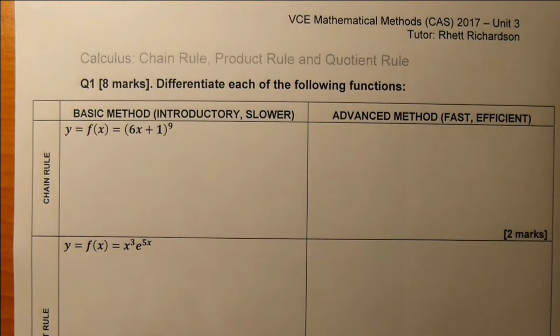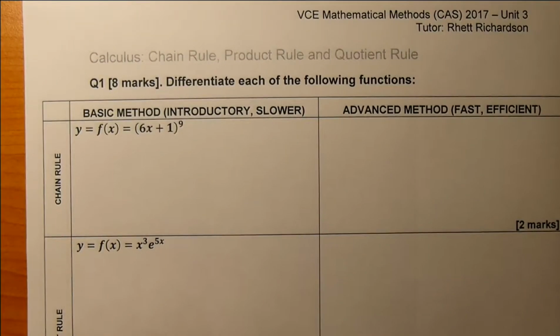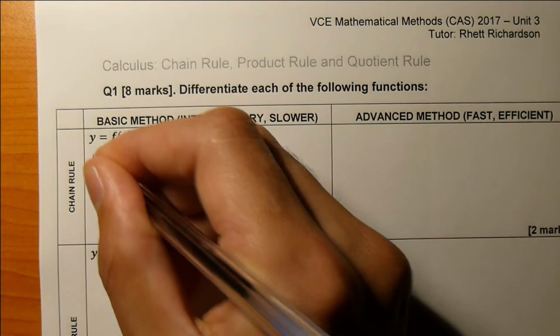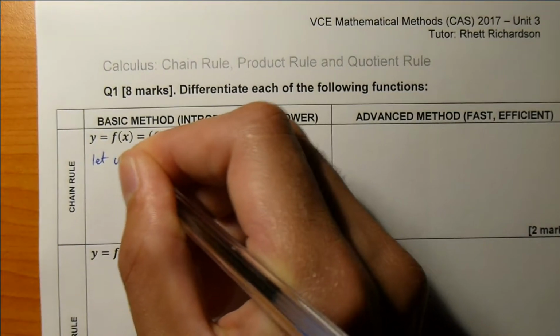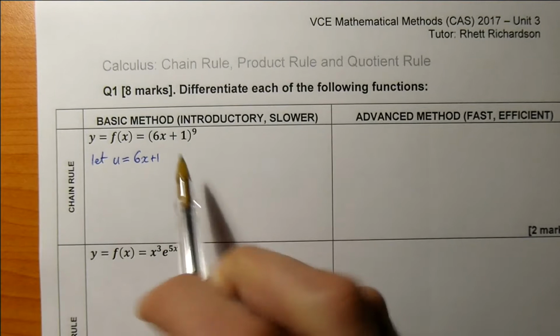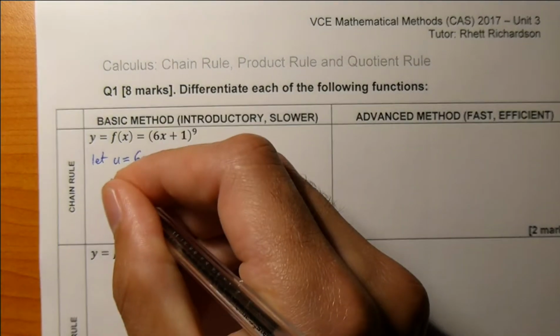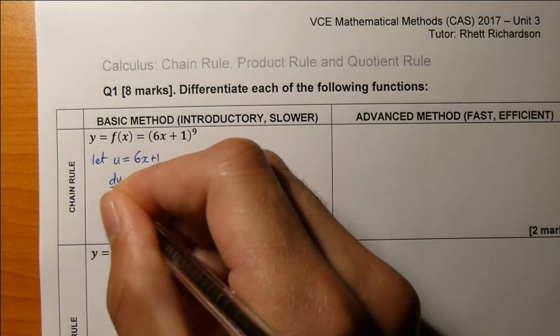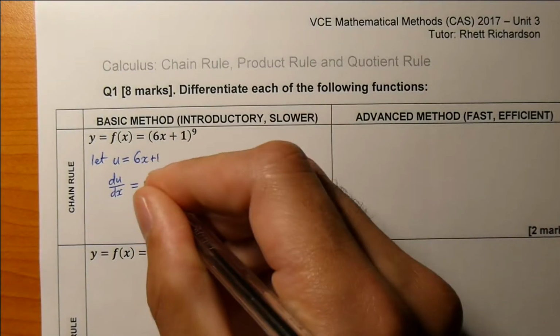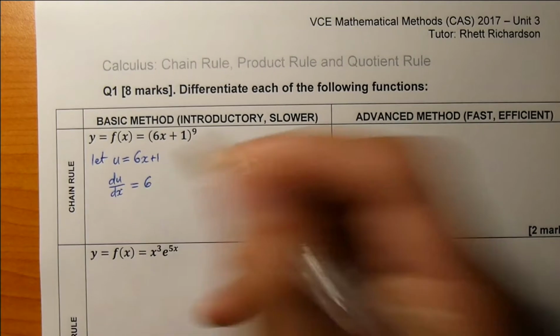So let's get stuck into it. Using the first way, the basic way, we'll say let u equal 6x plus 1, this inside here, and then du/dx, I'll take the derivative of this with respect to x, just get 6.